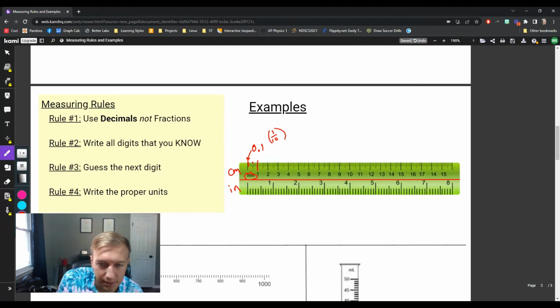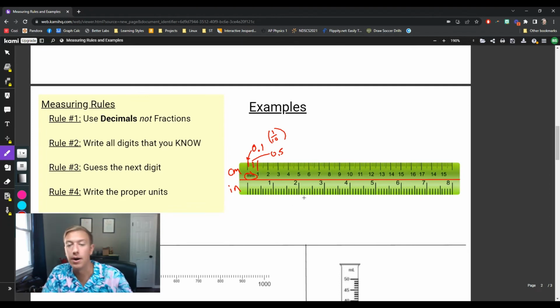Halfway in between is going to be 0.5. We can count all of these little lines, and each one just counts up. So we have 0.1, 0.2, 0.3, 0.4, 0.5. That's halfway. 0.6, 0.7, 0.8, and so on. And so it makes it really easy for us to write these decimals based on the centimeters side.